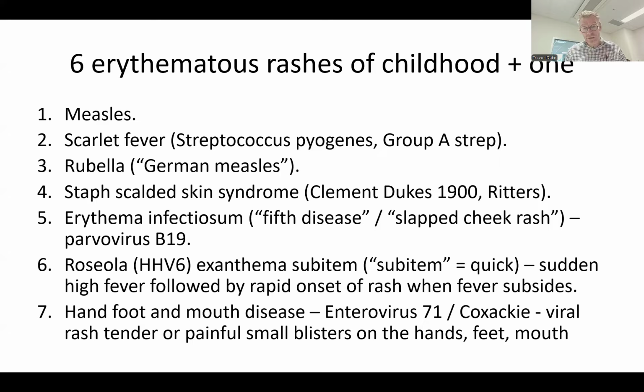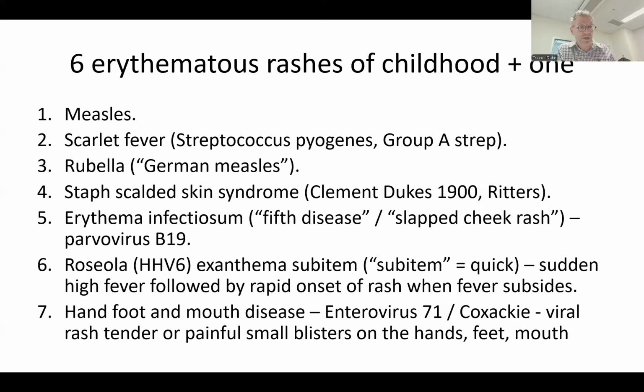The 6th red rash to be described is called roseola, and that's usually due to HHV6, which is human herpes virus 6. Sometimes it's due to HHV7, but usually HHV6. Another name for it was exanthem subitum, exanthem being a red rash, and subitum is Latin for quick.